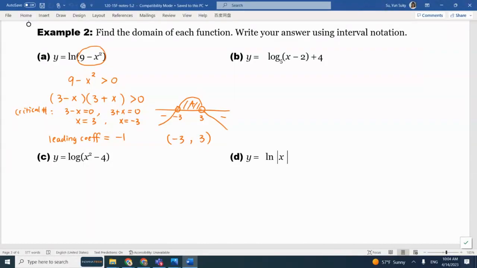Because it's negative, we start with the right lower corner. When we get to those points, because the multiplicities are both 1, we cross it and cross it. We're looking for greater than 0, which is above the line, so this region. We don't include the endpoints, therefore it's minus 3 parentheses to 3 parentheses. Do you still remember this problem?